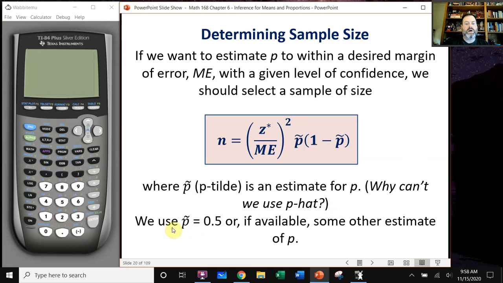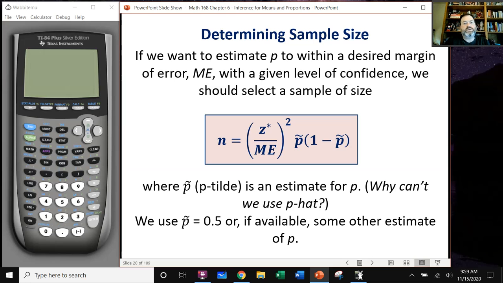So we use P tilde equals 0.5, or if available, some other estimate of P. The reason we use 0.5 is that it's the maximum amount of variability. If we use P tilde as 0.5, the distribution will have the widest spread.